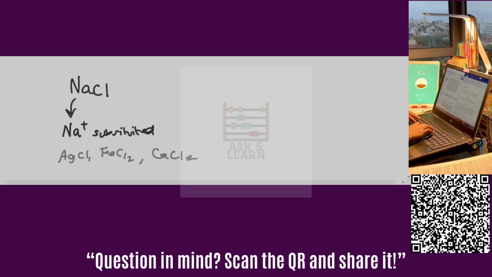and what do you notice about these three possible formations? CaCl2 and FeCl2 are soluble, but silver chloride is not soluble. So if silver were present when sodium chloride was added, it would precipitate, right?